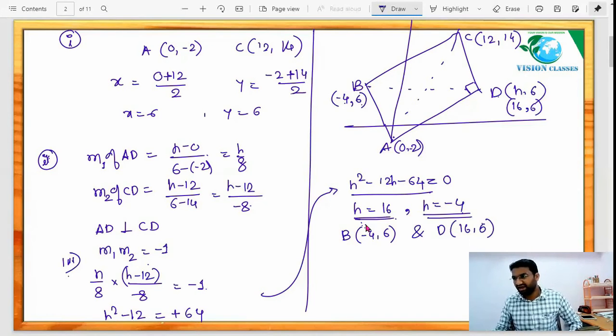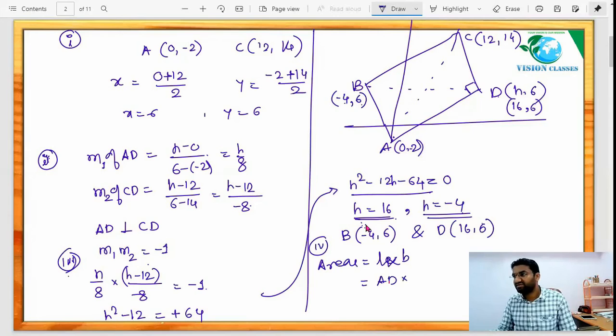This is the fourth part. The area of a rectangle is length times breadth. So we take any side, let's say AD times DC, and find the length of AD and the length of DC.